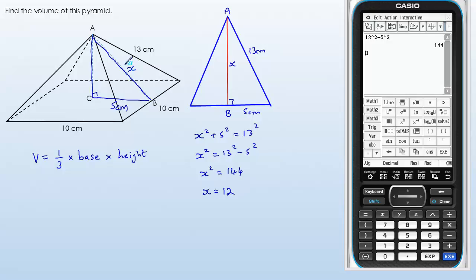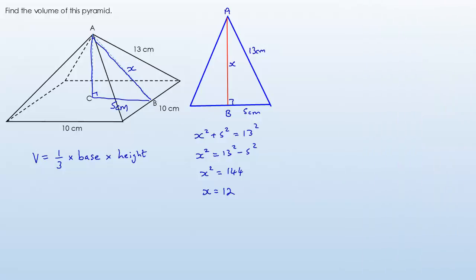So if we now look at the triangle ABC, so that's like this. A, C, B. The right angle is just there. We just worked out x is 12, so that's the AB. We already discussed that BC is 5.